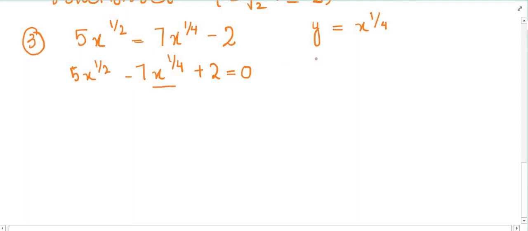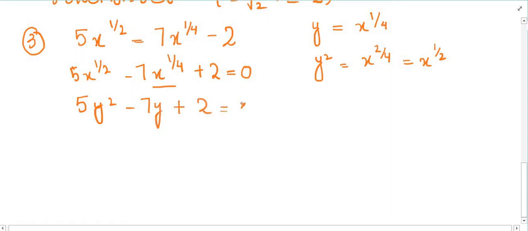y equals x^(1/4). Now what is y^2? It is x^(2/4), which is x^(1/2). So this equation becomes 5y^2 minus 7y plus 2 equals 0. 5 times 2 is 10. ac is 10. You can make factors.